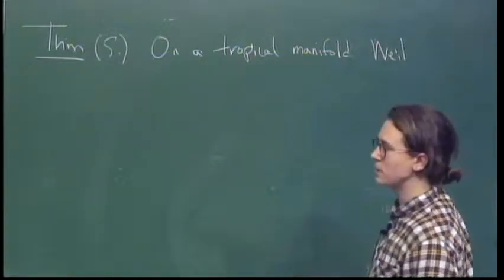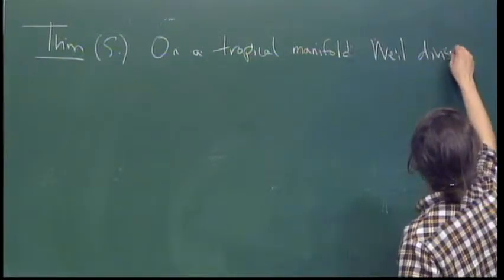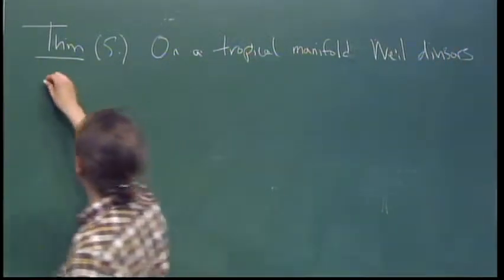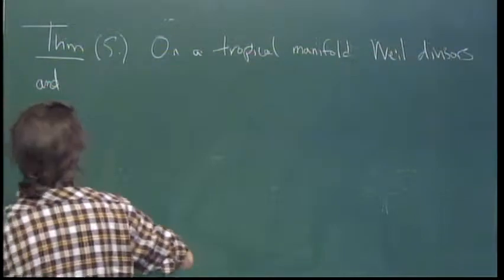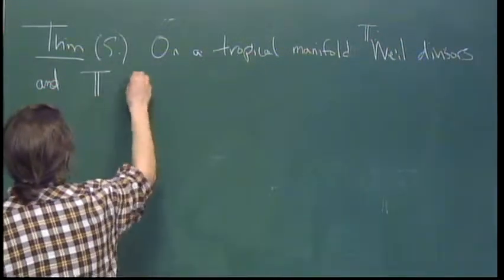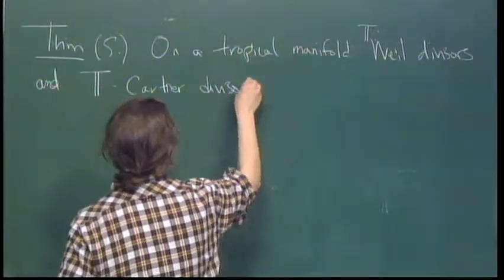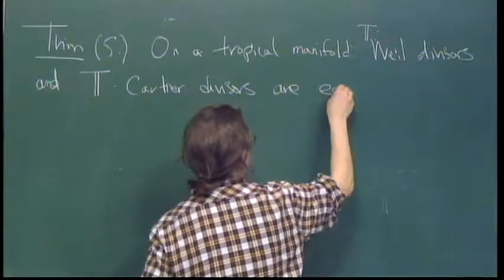So V divisors meaning codimension 1 tropical cycles, and tropical Cartier divisors are equivalent.